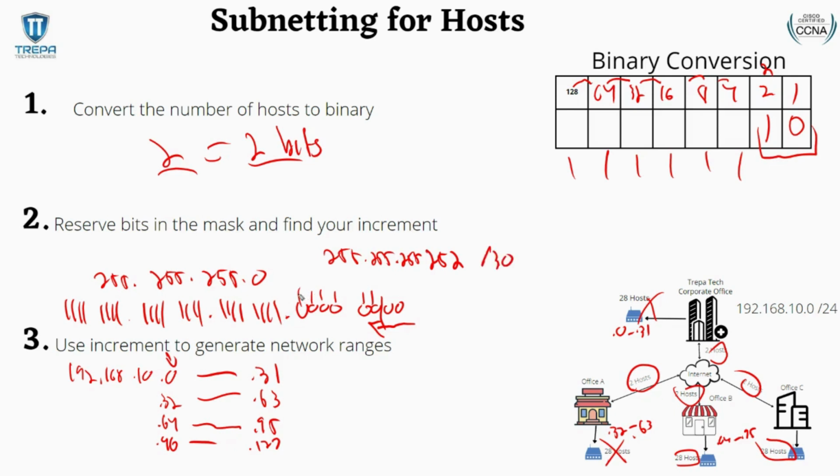So we now have 25, 26, 27, 28, 29, 30 network bits. We're going to take that last network bit in our mask, find the value on our binary conversion chart, 4, and that's going to be our increment. So 128 plus 4 is .131, and boom, there's our new network range, and that's a /30.